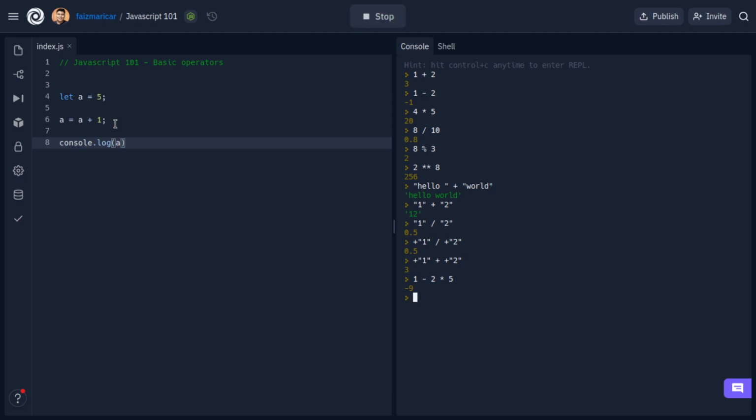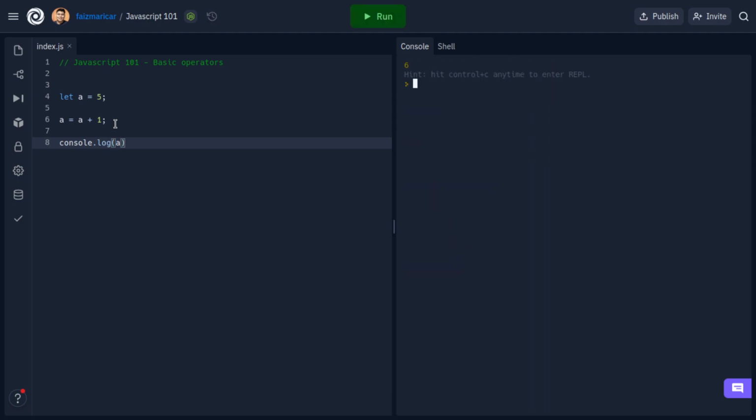So if I log the variable a, you get 6 here. So that's one way of doing it. Or you can do the short a += 1.